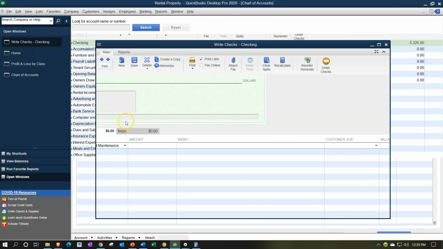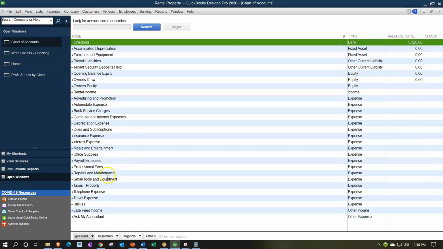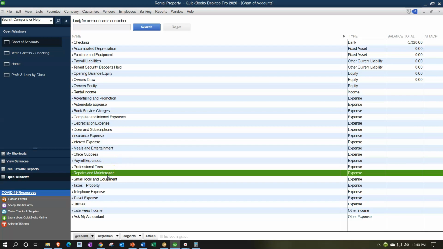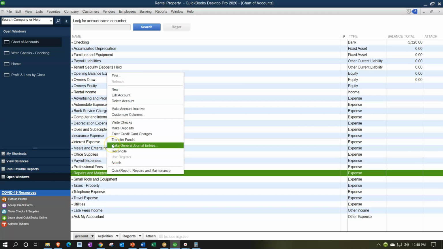So if I went to my chart of accounts, because maintenance is one of those things that you might oftentimes be repairing just the rental property. And sometimes you might be doing things in general for the entire home, and you might do some maintenance just for the home, right?